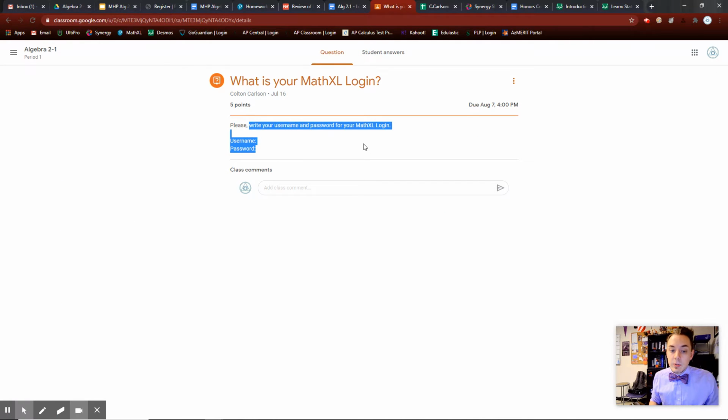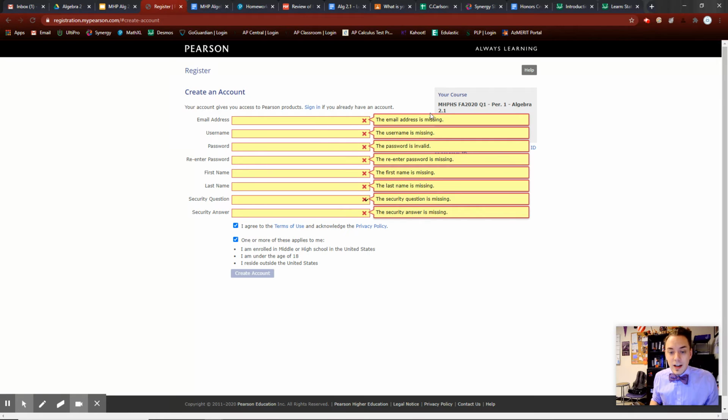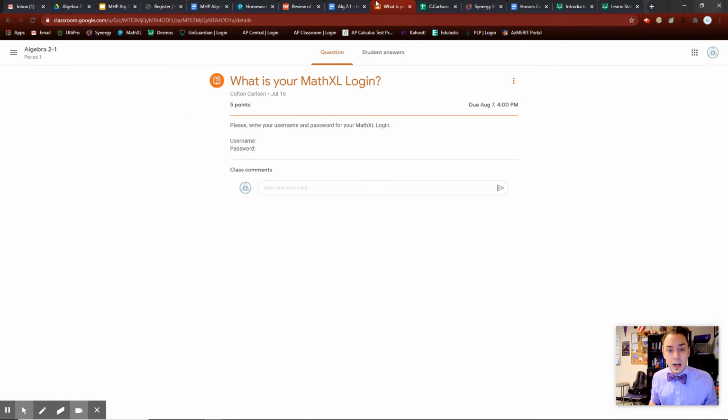Please write your username and password when you're registering and everything. Once you get your username and password, I need to know that username and password. So right away, go to Google Classroom, go to classwork, scroll down, find this assignment, and just literally complete that assignment.